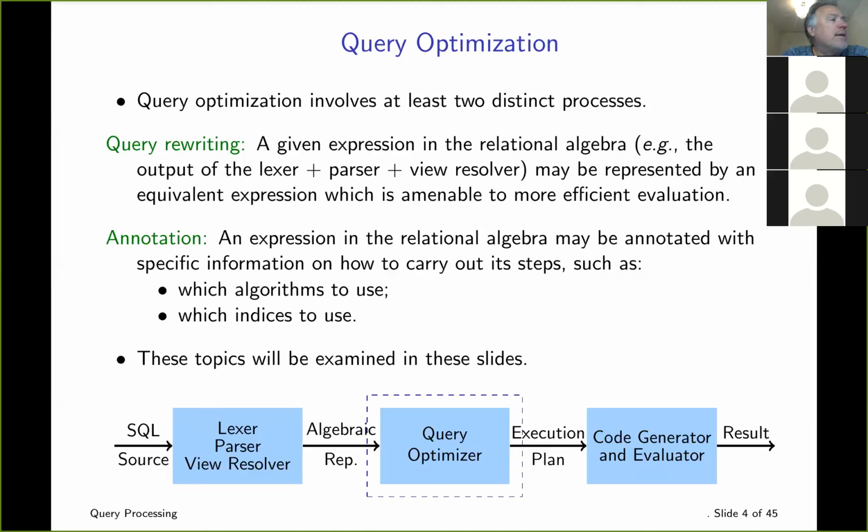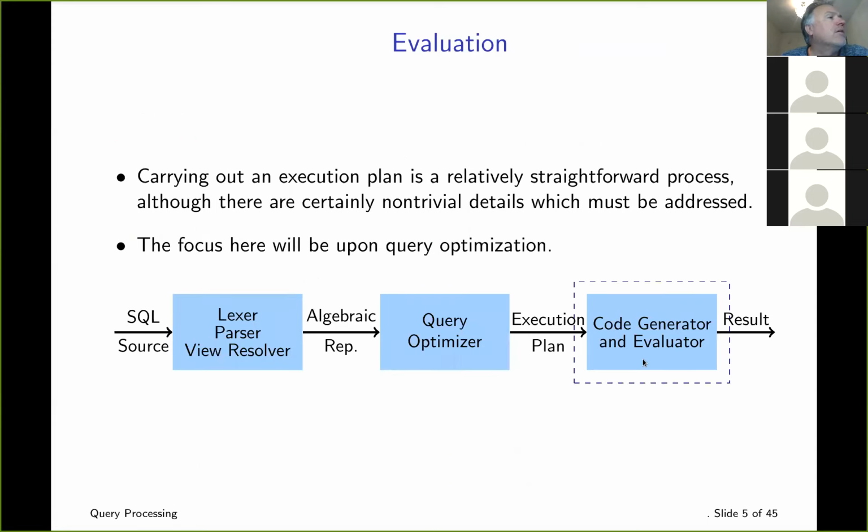In the end, what comes out of this is an execution plan, or a set of execution plans, and then the optimizer, based on its predictions, just has to pick one. It's only going to actually evaluate one. Once that happens, we go to code generation and evaluation, which we'll talk about in a bit.